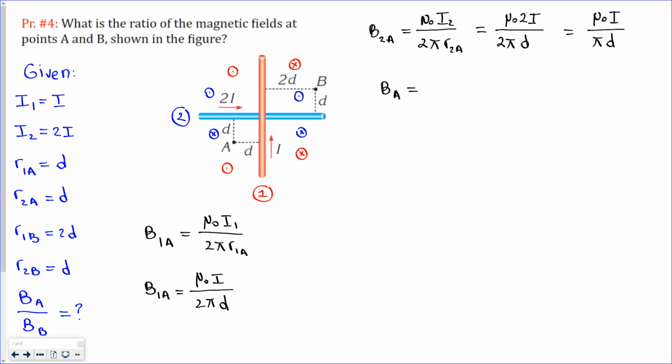B1A is mu 0 I over 2 pi D, and it's half of the second magnetic field, B2A.